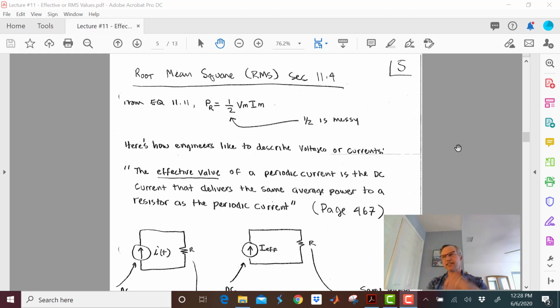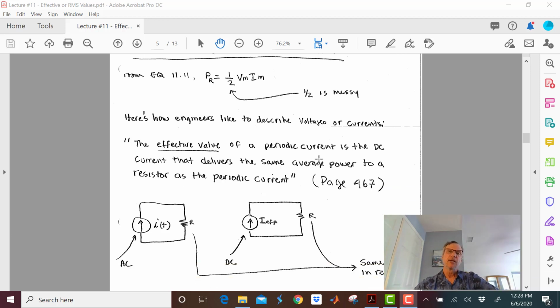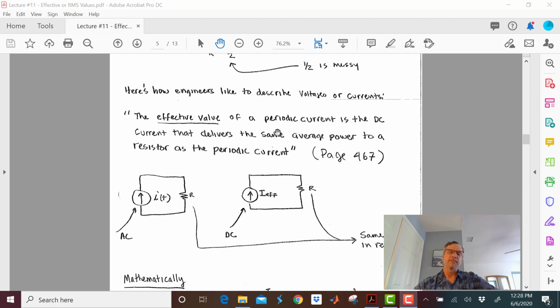But it's really concise, and as engineers we like to describe things nice and concisely because we want to add those up to make complicated things. So like so many things, the picture really helps me. So here we go. Here's a periodic current. And so I drew a little arrow here and I said, this is AC. And that's why I say it's I sub t, in contrast to over here where I just have a DC one.